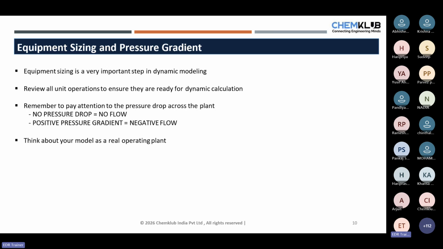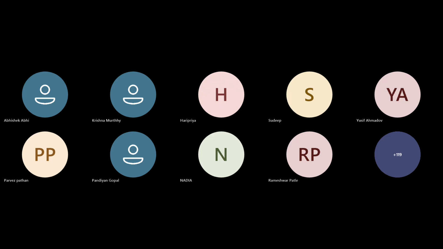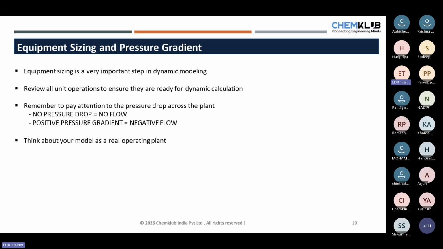So if you are having a very large volume, I'll just give one example of a PSA. PSA in a hydrogen generation unit, the off gas that is generated from the PSA, which is the pressure swing adsorption. The pressure swing adsorption is a semi-batch process. So the off gas is generated in a pulse manner.